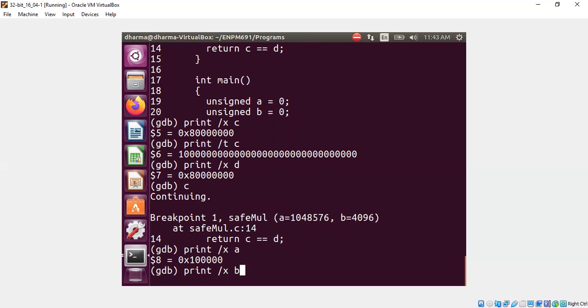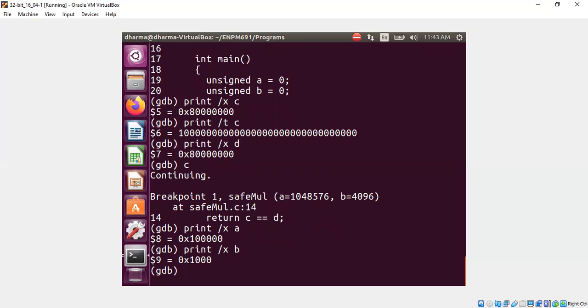Okay, what about B? This is 8, 12, and the 13th position, which means 2 power 12. So 2 power 12 multiplied by 2 power 20 should give you 2 power 32.